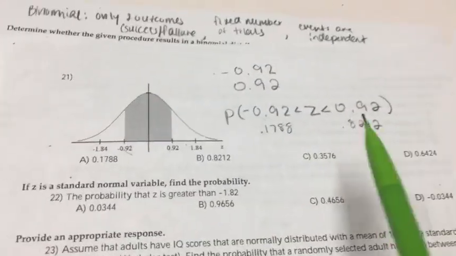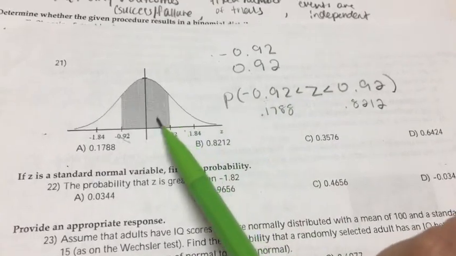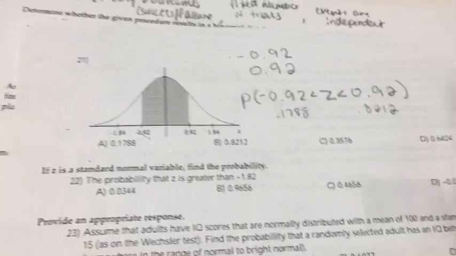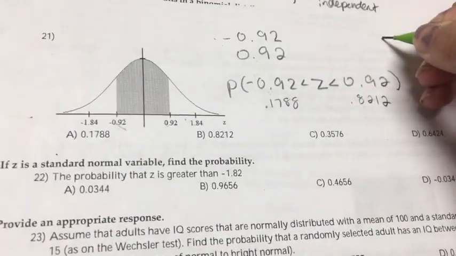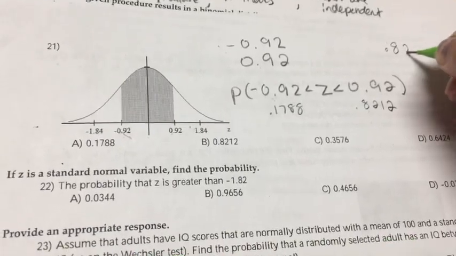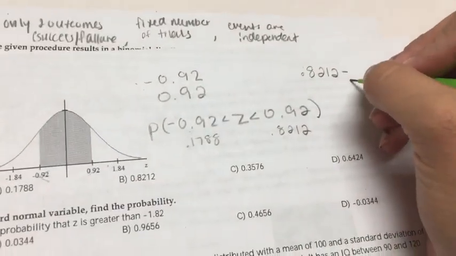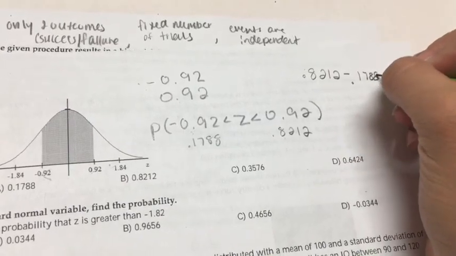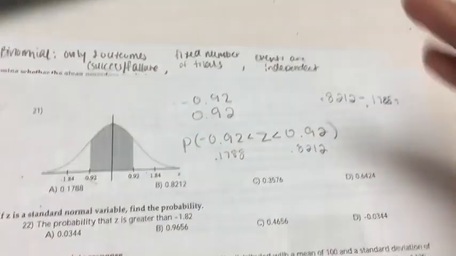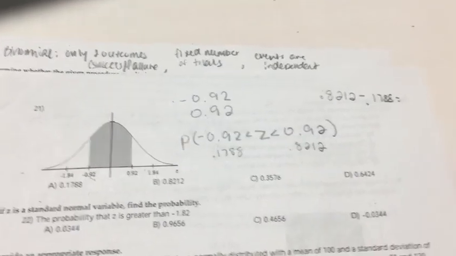So whenever you have an in-between probability for this type of area, you're gonna use the bigger number first, 8212, and you're gonna subtract the smaller number, because you want that in-between area, and this is working with what's on the left.